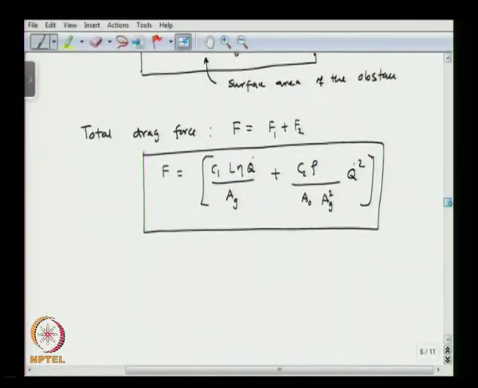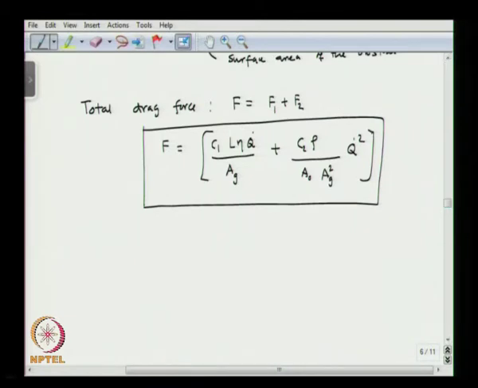When the flow rate is very high, the drag depends on the flow rate following a quadratic function. So, at low flow rate F varies as q dot, which is a linear characteristic, and at high flow rate.